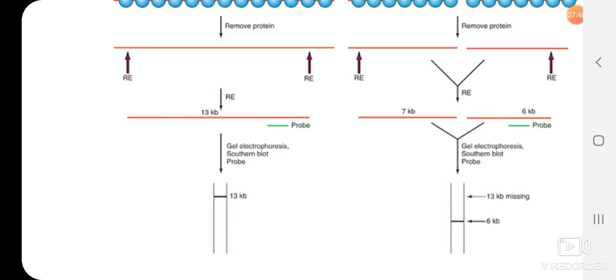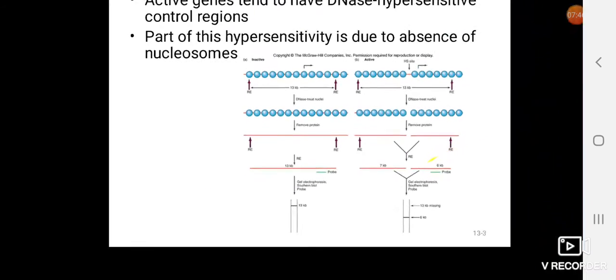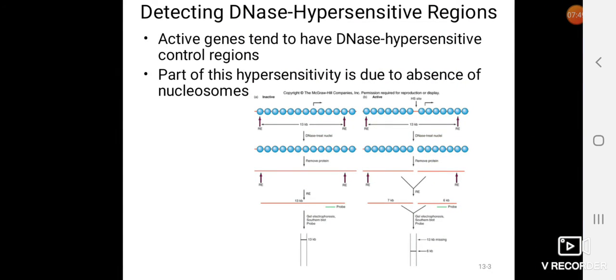So that confirmed that during a particular process of transcription, some part of the DNA is going to be set free, so that the transcription factors are able to bind, and the transcription of the gene can easily take place.